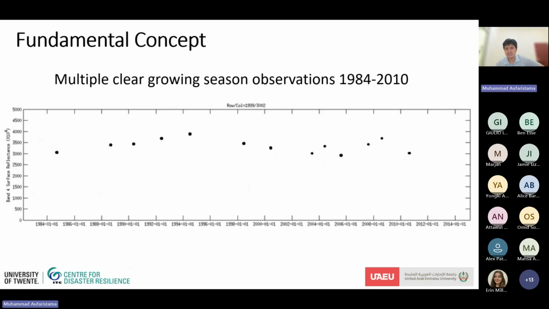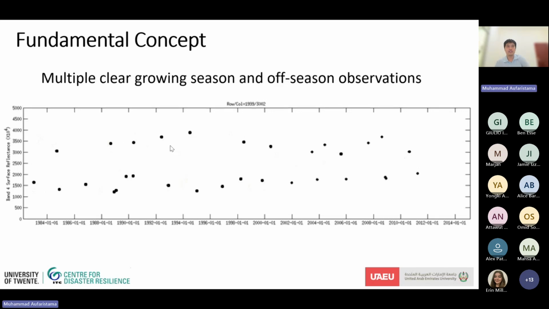So this pixel is changing, but not by much. And then we increase to multiple clear growing season and off-season observations. Now we have more of the data sets, so we can see something happens here. Maybe you can have seasonal patterns, up, down, like harmonic models.